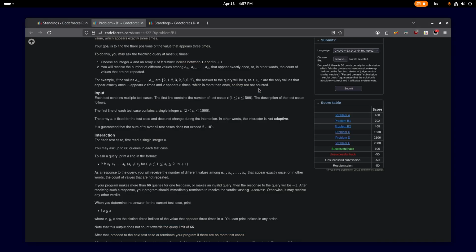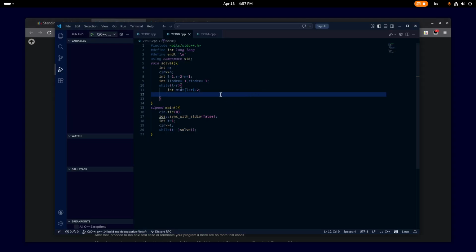So that's in total about 3 log n. Because n is 1000, log n is about, let's say, 11, so this should comfortably pass both B1 and B2. Maybe, if I implement this correctly.